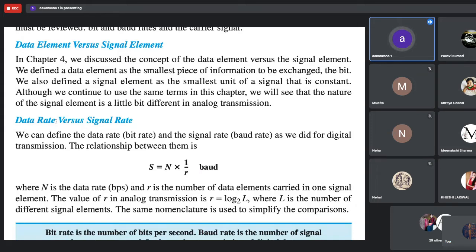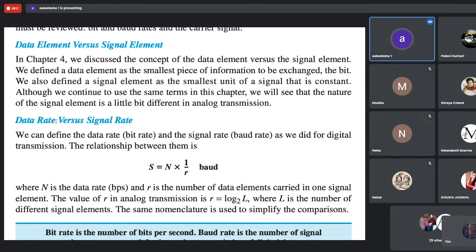Now the value of R in analog transmission is R is equal to log 2 of L, where L is the number of different signal elements. Now just see the difference. There is not very much of a difference between digital to digital conversion and digital to analog conversion, but still the meaning of the values is a little bit different.